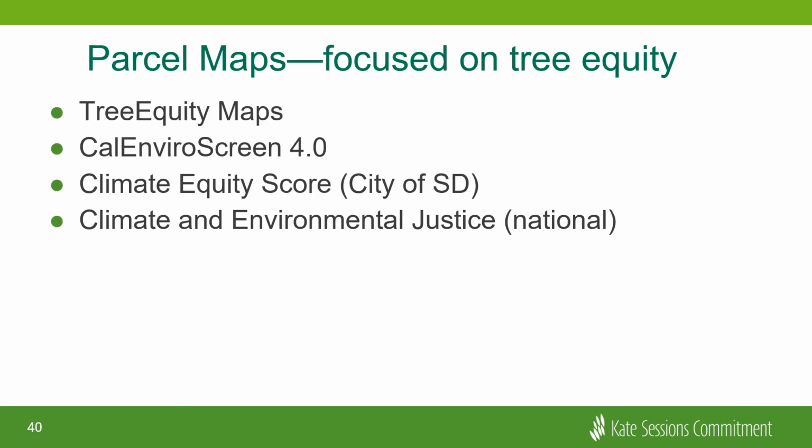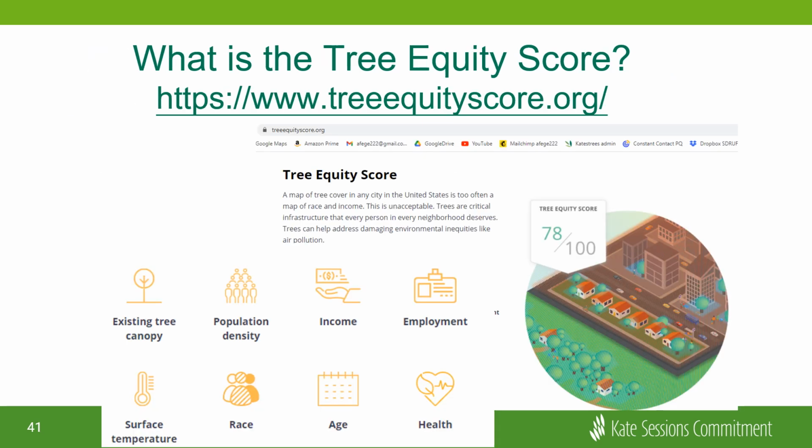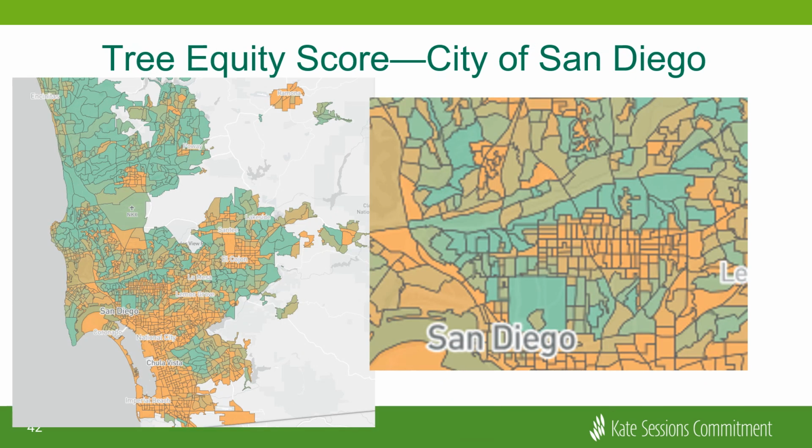Our next section is about maps that consider equity. Locally, we use 4 maps and will describe each in turn. The tree equity score is based on tree canopy from the U.S. tree map, 2020 census data, heat, and health data. Tree equity scores are calculated for each census block.